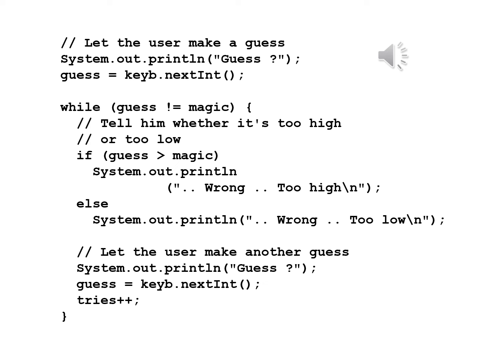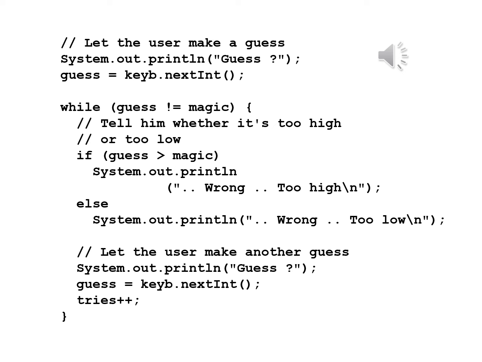Now we need a guess from the user. We have a comment, let the user make a guess, and then System.out.println guess with a question mark indicating we're looking for the user to write in a guess here. guess equals keyboard.nextInt, and now we're ready to go into the loop.